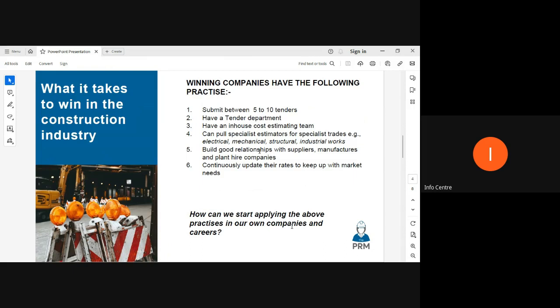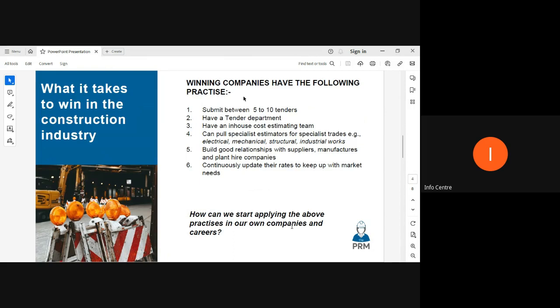Of course, this is important for you to get the latest rates in the market. And most importantly, for you to get those discounts which you can use to customize your rates so that you become competitive in the market, because we know construction is a highly competitive industry. And number six, they continuously update their rates to keep up with the market needs and the market trends.